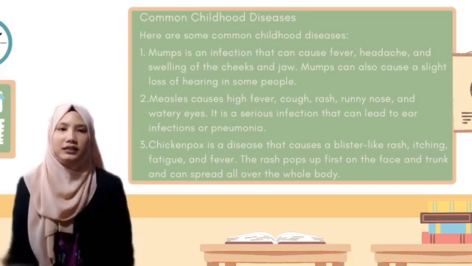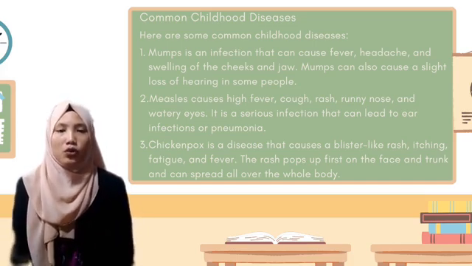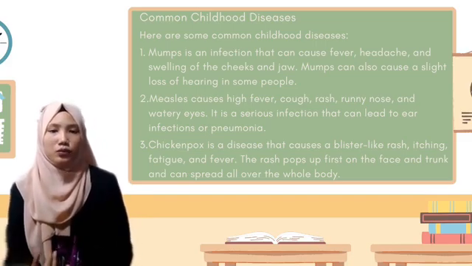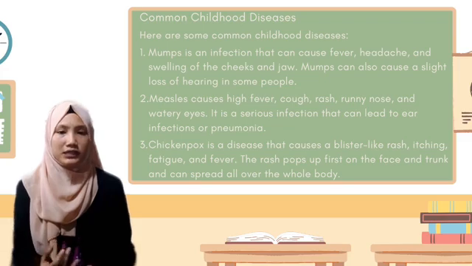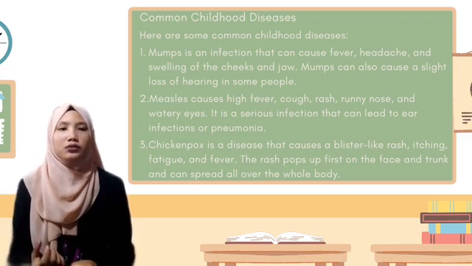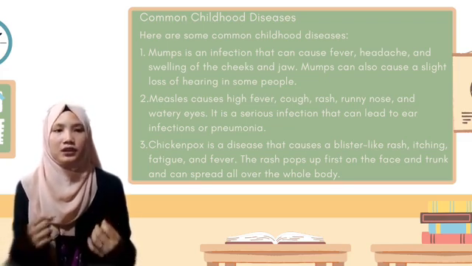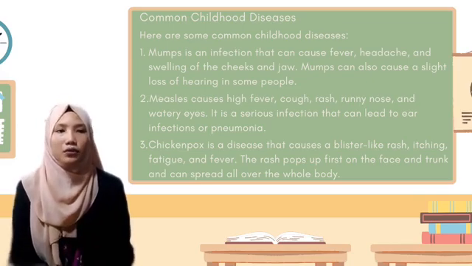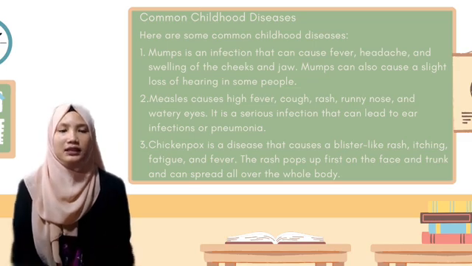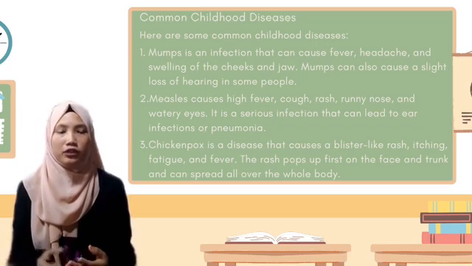So, next naman is yung measles. So, measles is isa din yan sa common childhood disease na nakukuha ng mga bata. So, measles cause high fevers, cough, and rash, runny nose, and watery eyes. It is also a serious infection that can lead to ear infection or pneumonia.